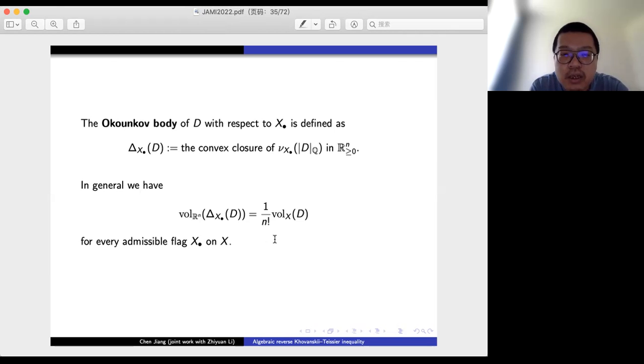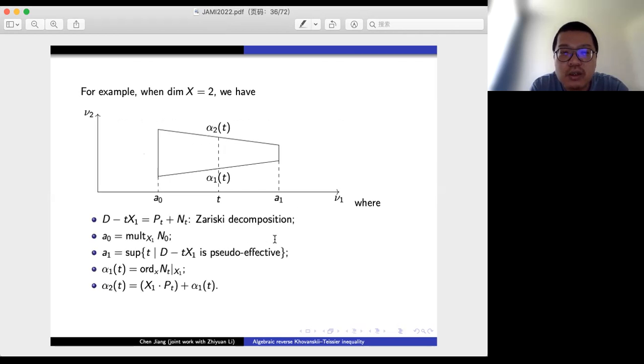Let me give an example in dimension 2. In dimension 2, we just have X_0, X_1, and X_2 as a point. The picture is as follows. This is the Okounkov body.